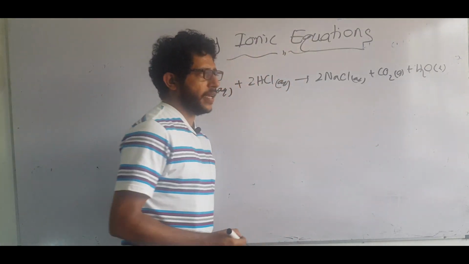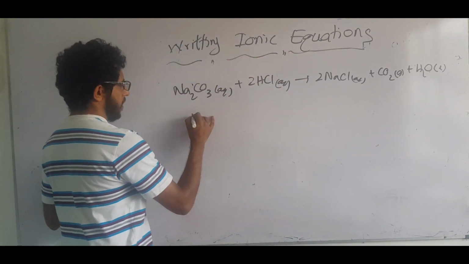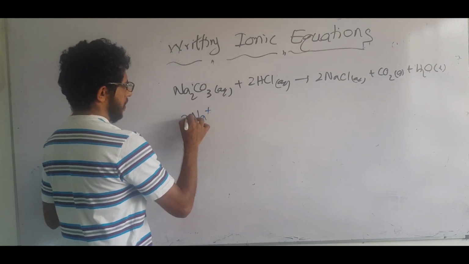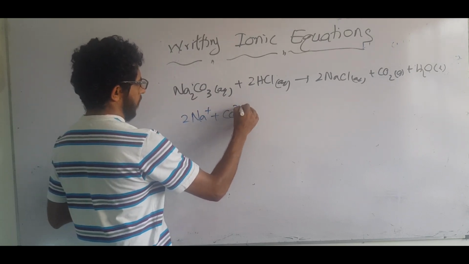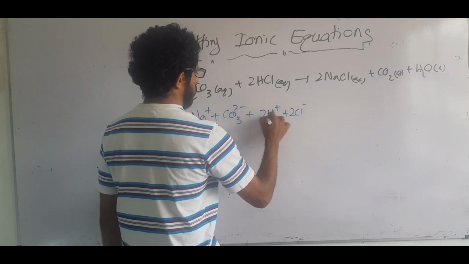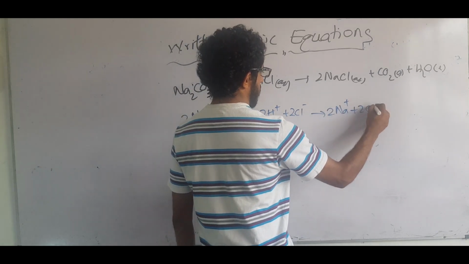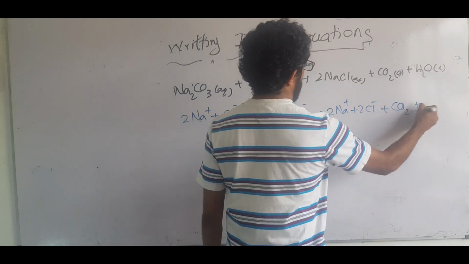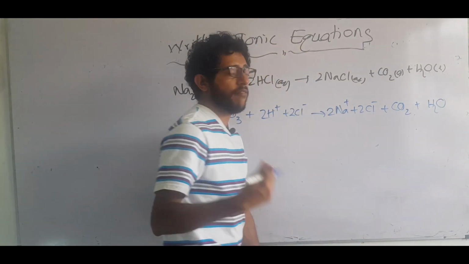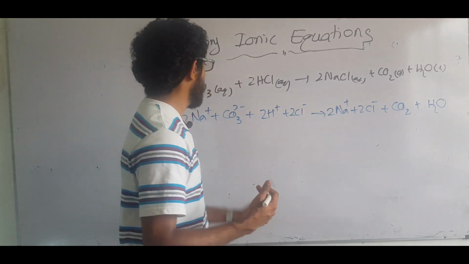When you are asked for the ionic equation of this one, sodium carbonate is Na plus, CO3 2 minus. HCl is H plus and Cl minus, or 2H plus, 2Cl minus. 2NaCl is 2Na plus, 2Cl minus. Carbon dioxide you can't separate, water you can't separate. Why? They are a gas and a liquid. You can only separate aqueous.